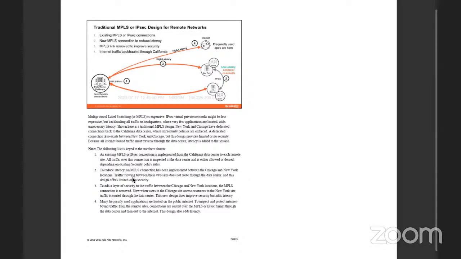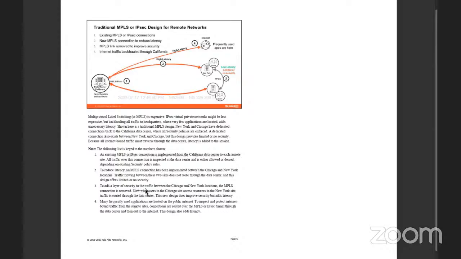To reduce latency, we have established an MPLS connection between the Chicago and New York branch offices as well. If a user wants to communicate from New York to Chicago, we have the MPLS connection, but there is no security here. The security is missing between New York and Chicago.